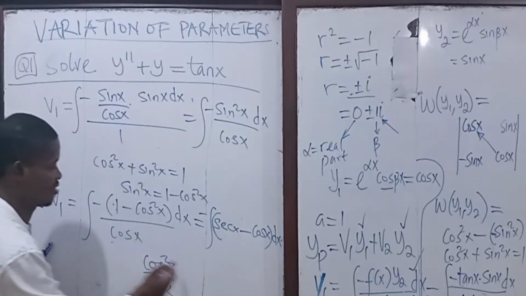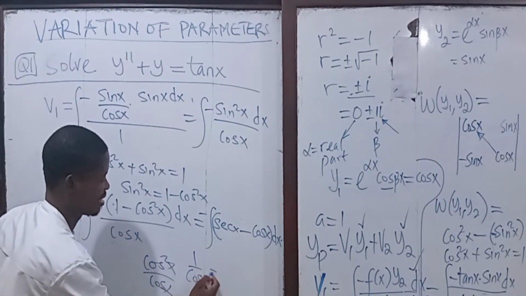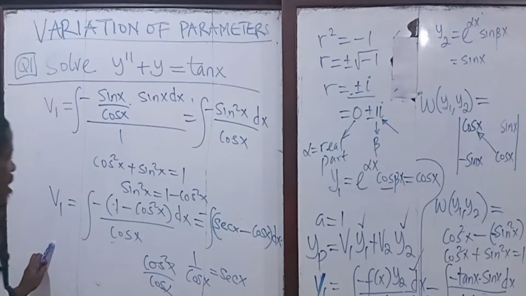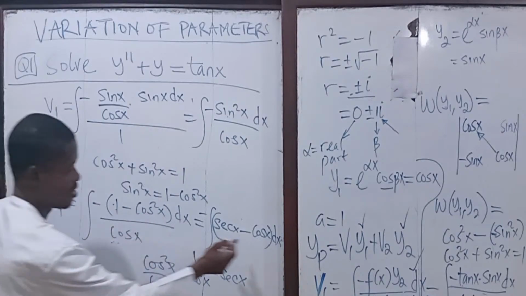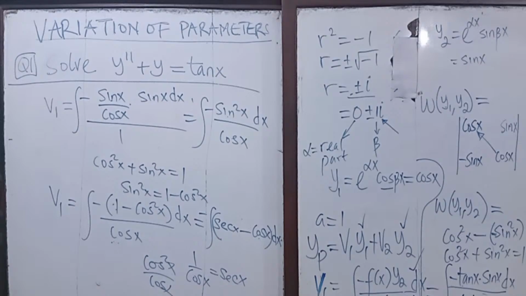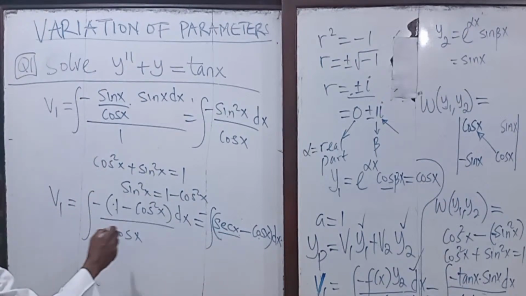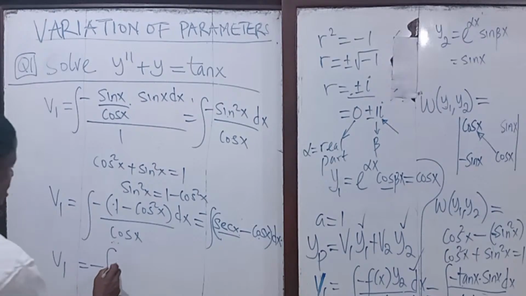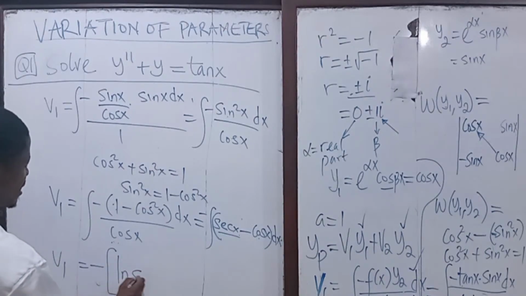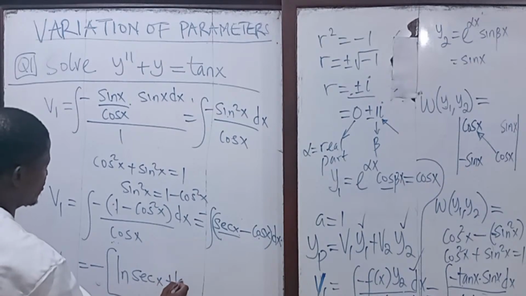That's 1 over cos x, which is sec x, and then cos square x over cos x gives you this. And if you integrate the integral of sec x, don't forget the minus outside, V1 will be equal to minus, natural logarithm of sec x plus tan x.